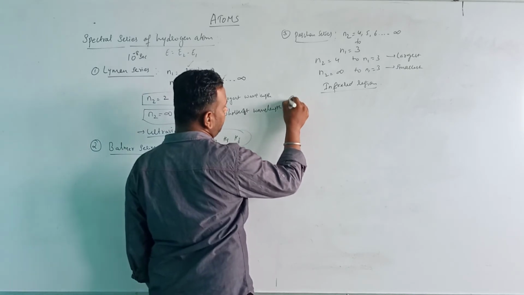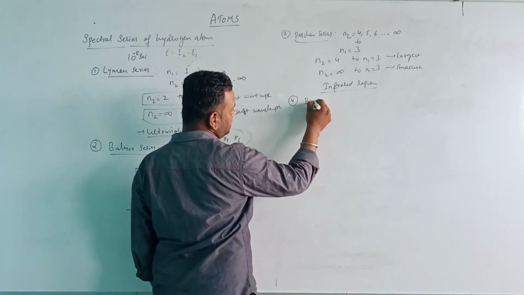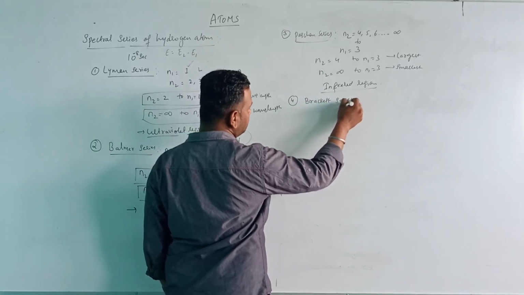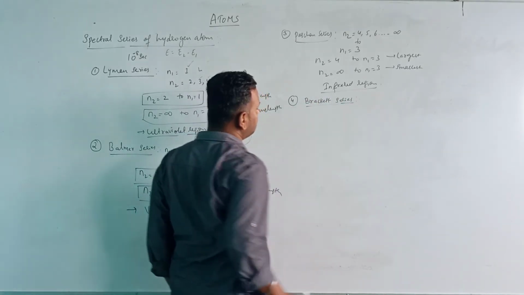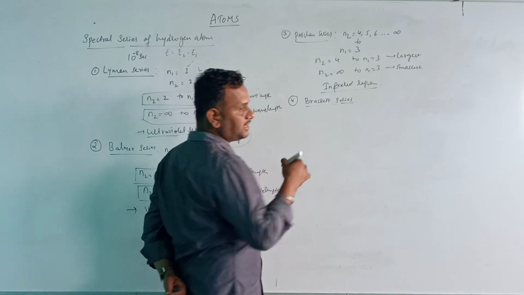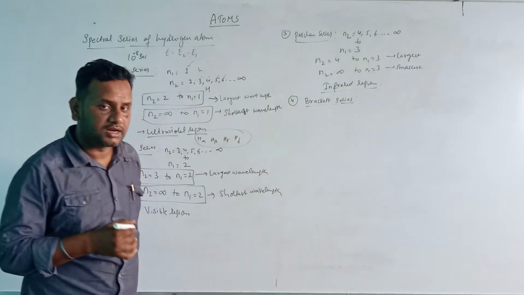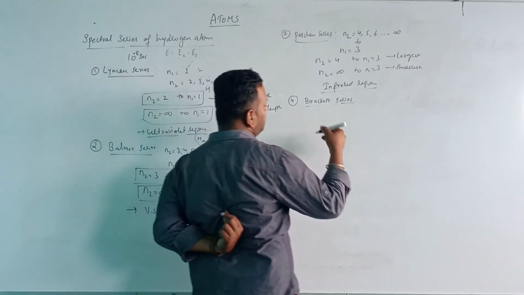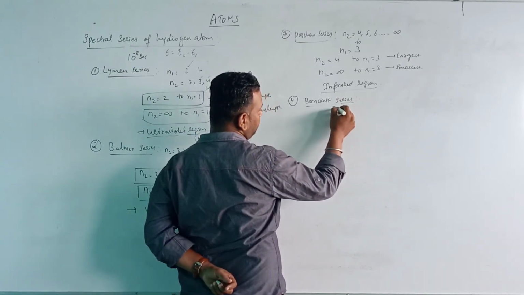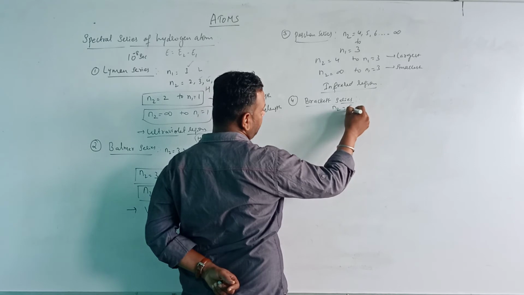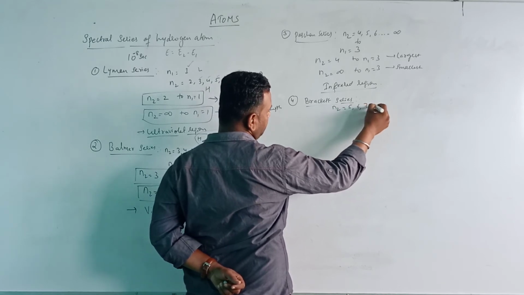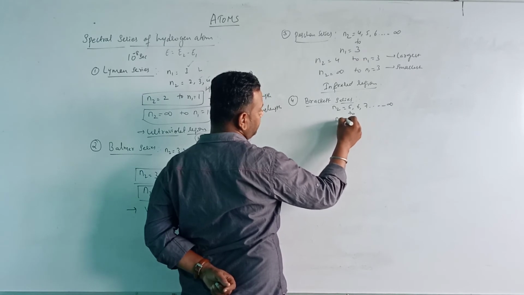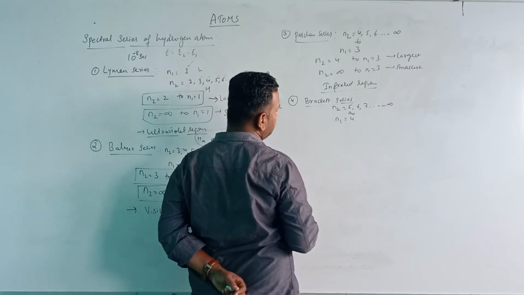Now similarly for the Brackett series, this series consists of all the spectral lines emitted because of the transition of an electron from a higher orbit n2 is equal to 5, 6, 7, up to infinity, to the lower orbit n1 is equal to 4.